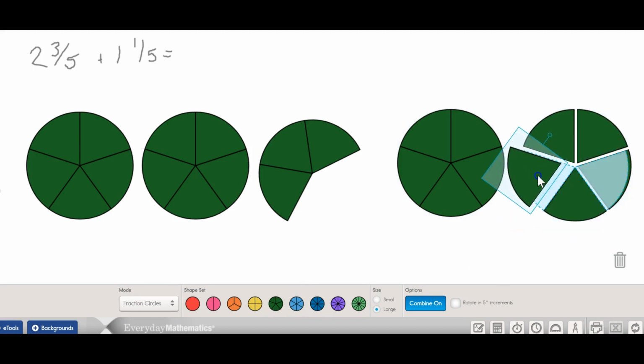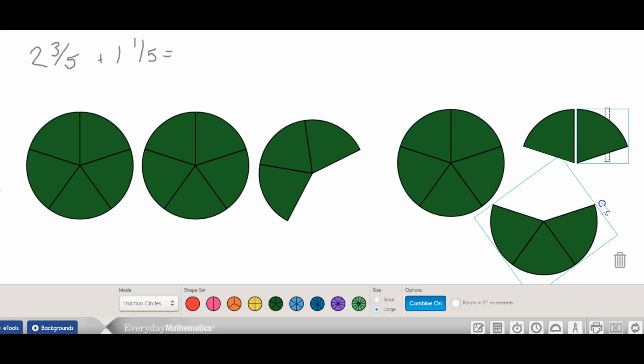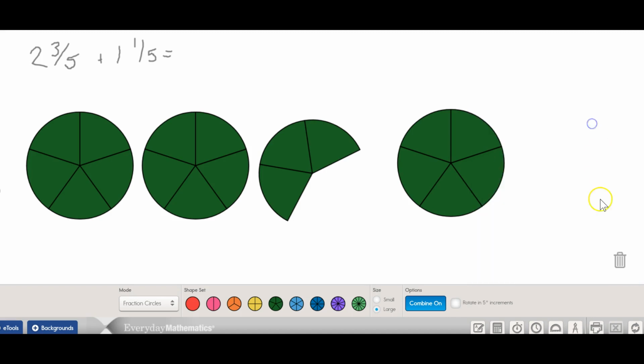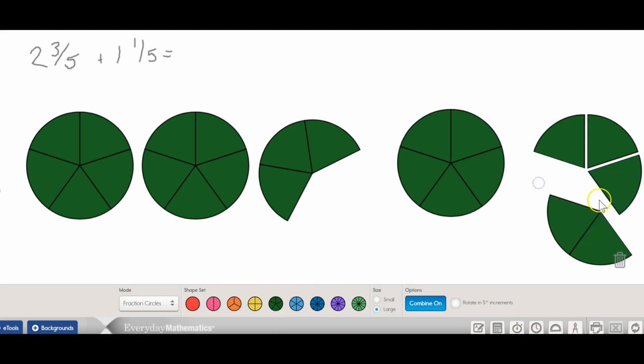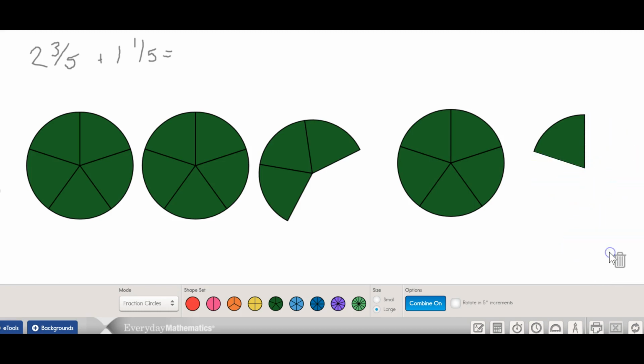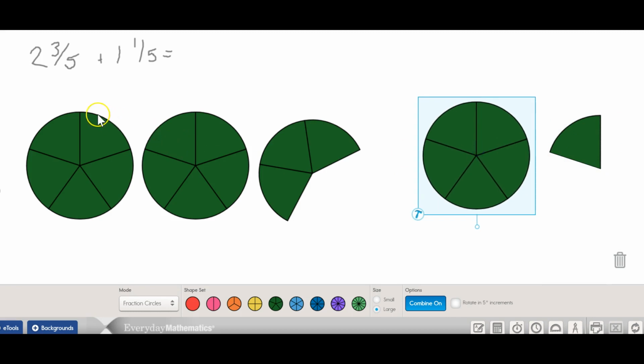Break them apart, keep 1/5, and oops, lost them. Here we go. I'm going to keep 1/5, and I'm going to get rid of the other ones. So here I have visually with my fraction circle pieces, I have 2 3/5 plus 1 1/5.